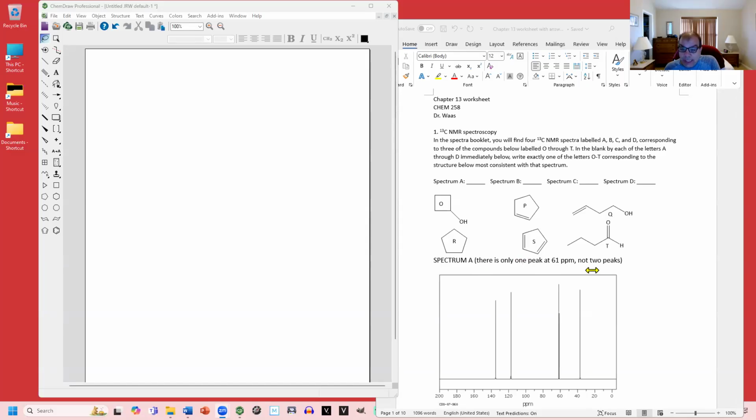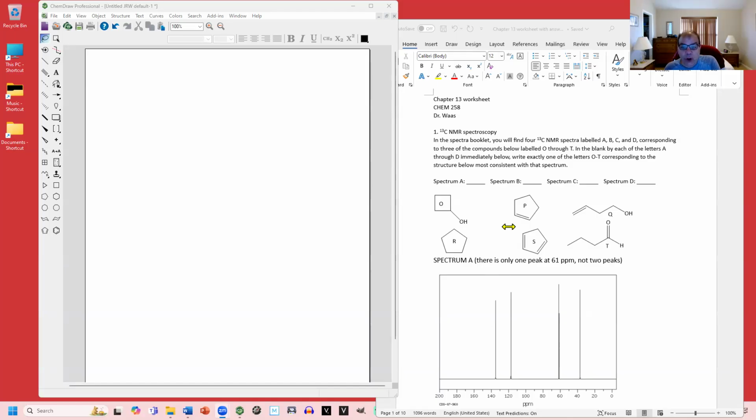We're given a little indication here. This peak over here looks a little questionable, but it says there's only 1 peak here at 61 parts per million, not 2 peaks. So there's a total of 4 peaks. That means there's 4 chemically distinct types of carbon. So we're looking for a compound that has 4 types of carbon.